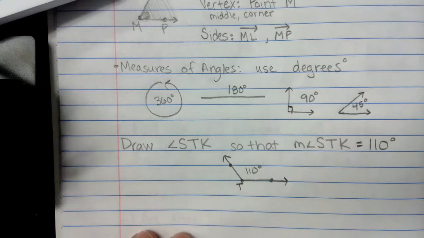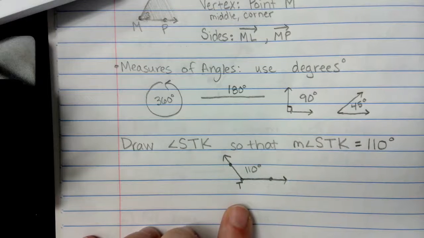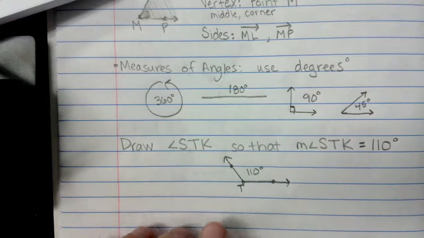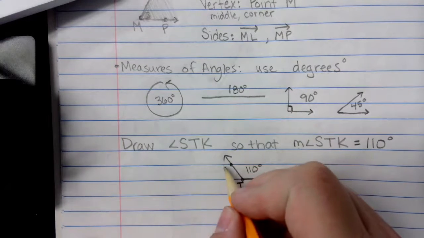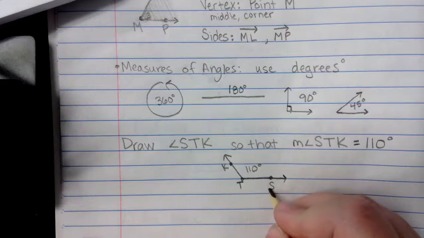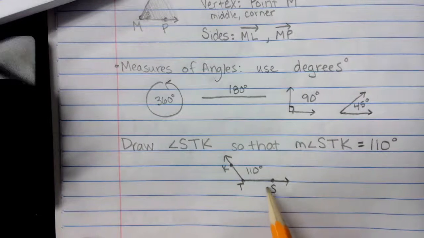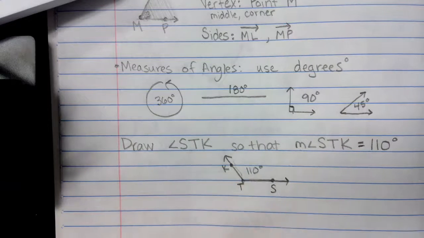So T has to go in the middle because it goes STK. Now, S and K, does it matter which one is which? Nope. So you can put S or K up here and the other one down here. But the point is when we trace it, we should be able to trace S, T, K without picking up our pencil.